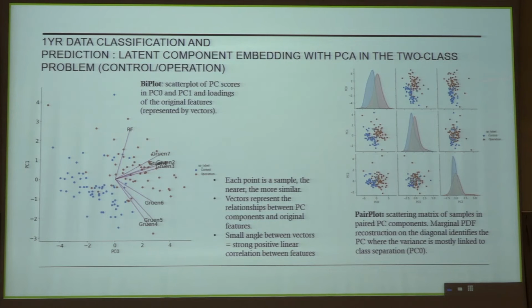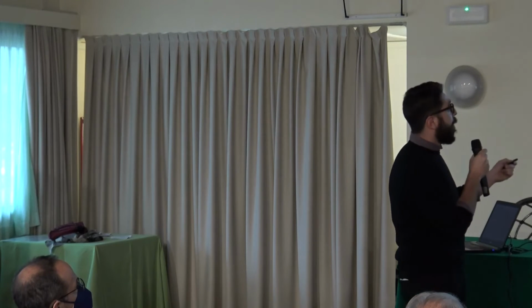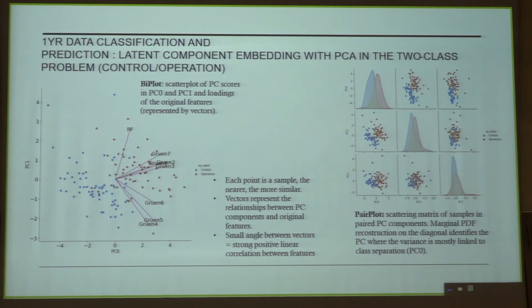Okay, so we are seeing that in PC0 and PC1, these two latent components, the classes are somewhat already separated. This here is a biplot, and this comment here will help you to navigate through the graphs if you can read them.